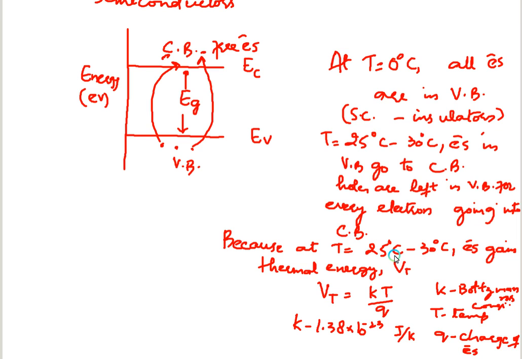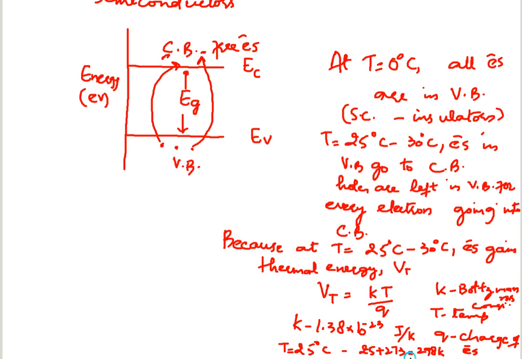But remember that here the scale is Celsius, and if you are using the Kelvin scale, it's better that you convert centigrade into Kelvin. How? Add 273 to whatever the temperature is in Celsius. For example, if I have temperature T equal to 25 degrees Celsius, in Kelvin it will be 25 plus 273, which is 298 Kelvin.